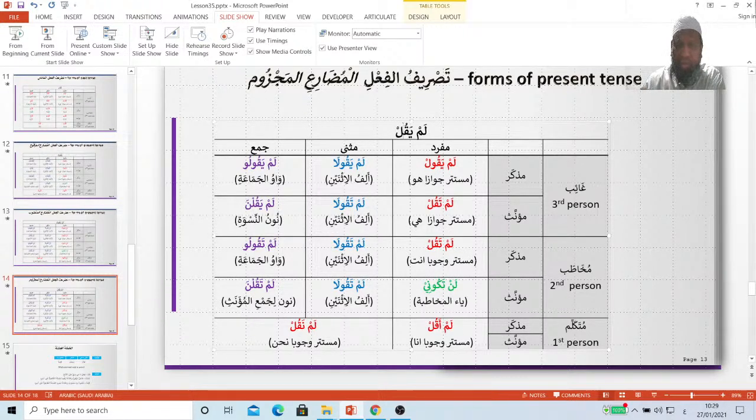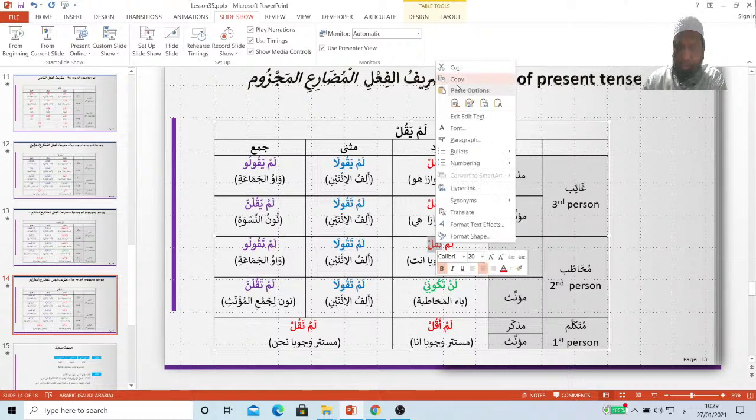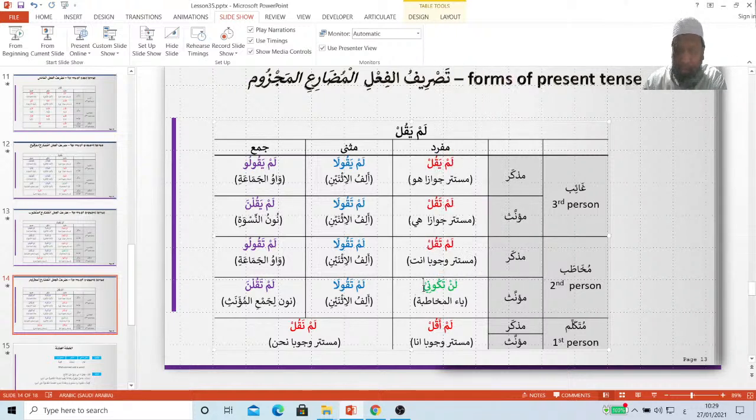So becomes لم يقل. So the first صيغة لم يقول. So again we have اجتماع ساكنين. Let's drop the حرف علة. Becomes لم يقل. So over here again I did not change this.